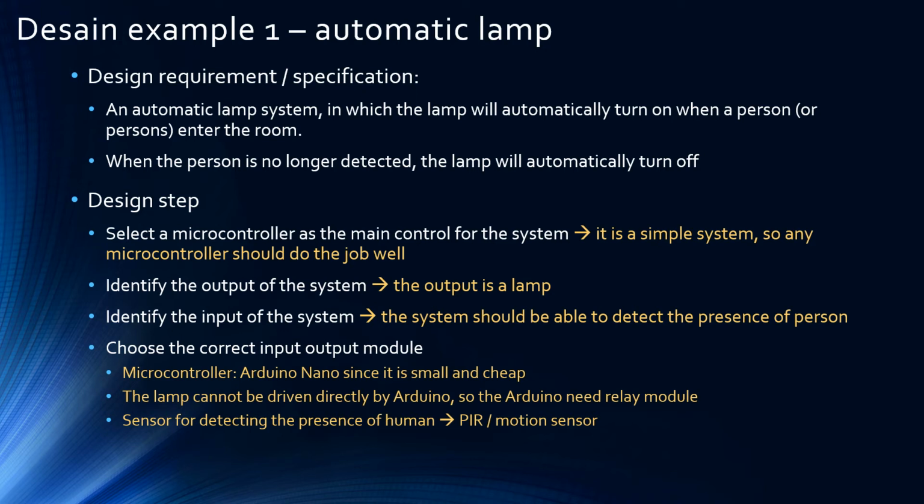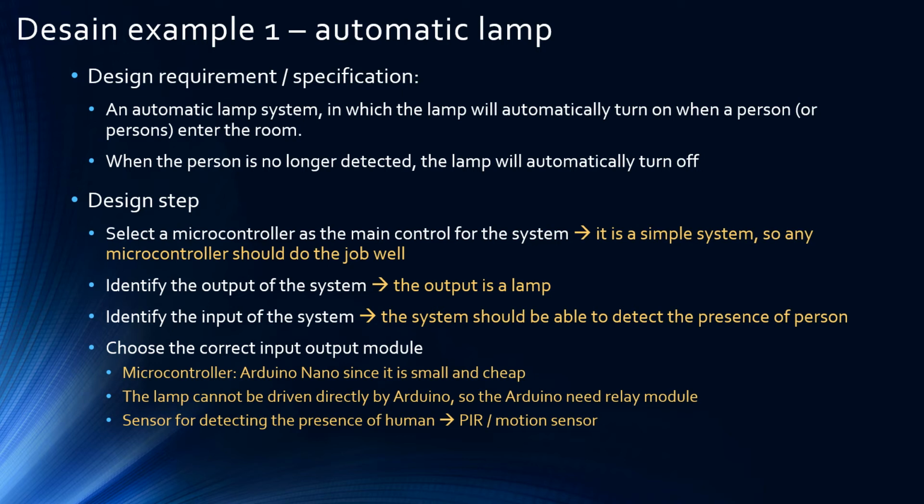And then the second one, I need to identify the output. What is the output? If we read the specification, there is a lamp. So the output is a lamp. It's clear. And then what is the input for the system? The input should be able to detect the presence of a person.